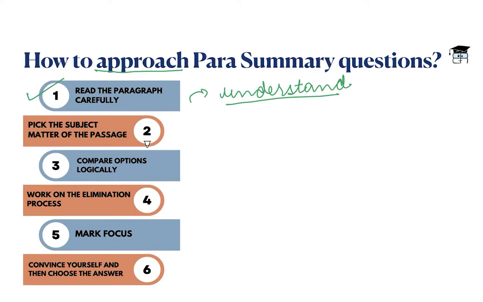Second approach is pick the subject matter of the passage. Now, once you've understood the passage, you must try to pick the subject matter of the passage that talks about the core of the passage. The core basically signifies the major objective that the paragraph carries.